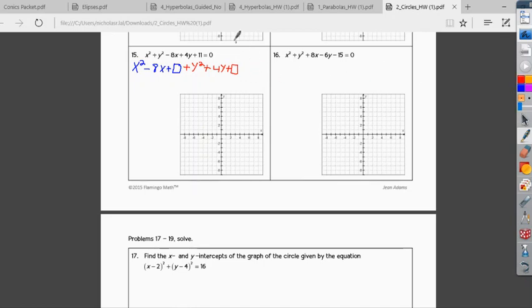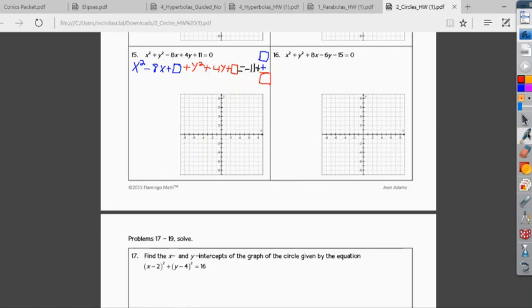It's going to equal negative 11 plus r, complete the square term for x's, plus r, complete the square term for the y's.